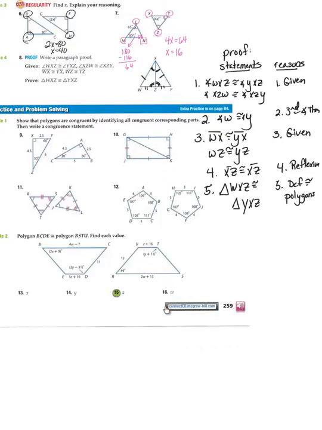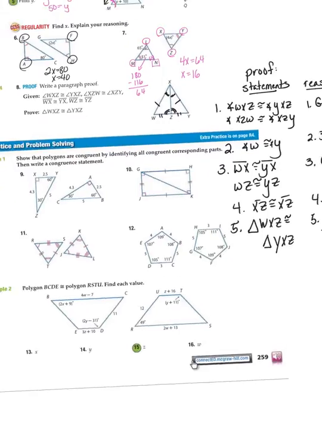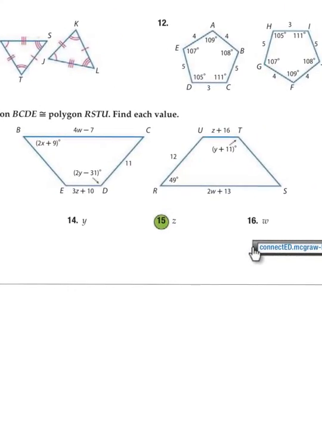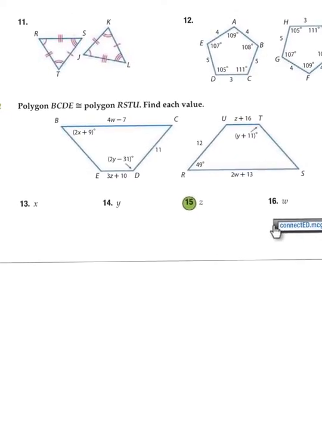All right. I hope those are getting easier for you. I really do. Now let's look at this monstrosity we have down here. Let's see what matches what. Okay. All right, let's see. I'm going to mark the congruent pieces first.